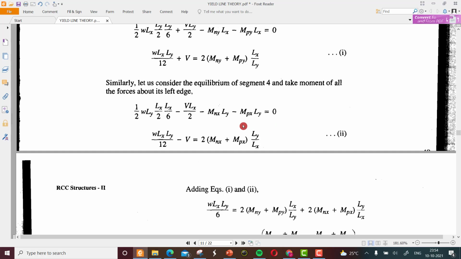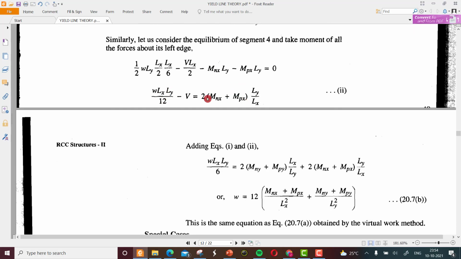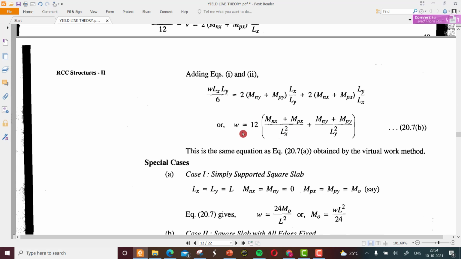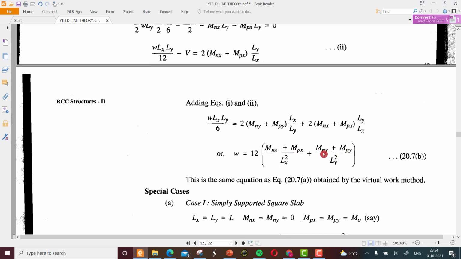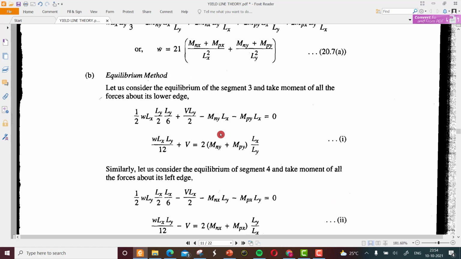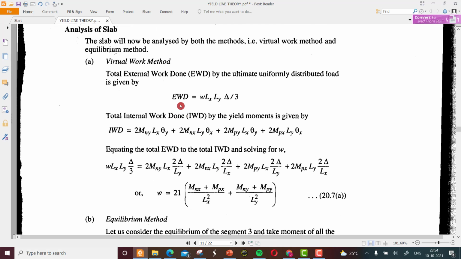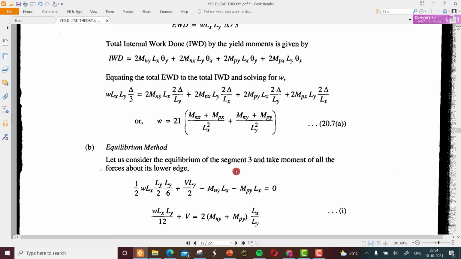By equating like this and solving the equations, we will get W as 12 into (mnx plus mpx) by lx square plus (mny plus mpy) by ly square. So that is similar to the one from the virtual work method.